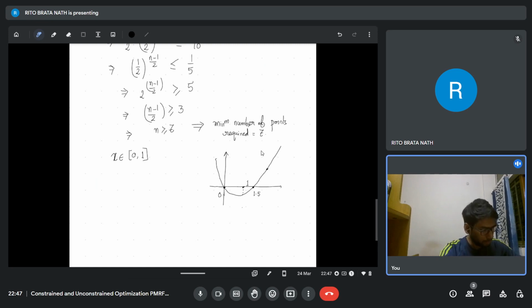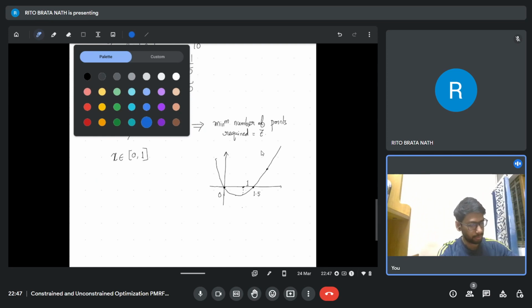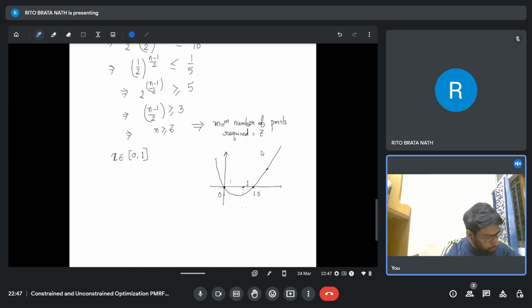Now you have to find the minima within this interval. In order to do that, you can take two more points, or actually 3 points, and evaluate the function expression, or the function values, at those points. So you can take something here, here, and here.